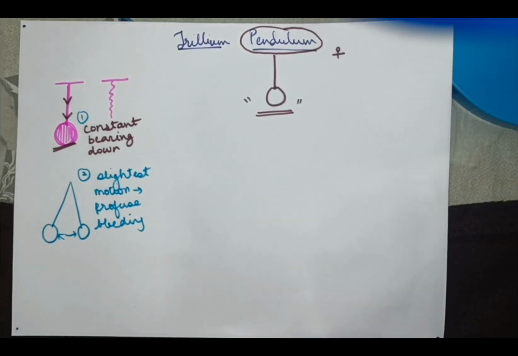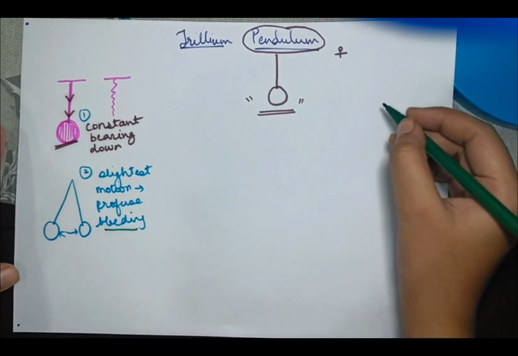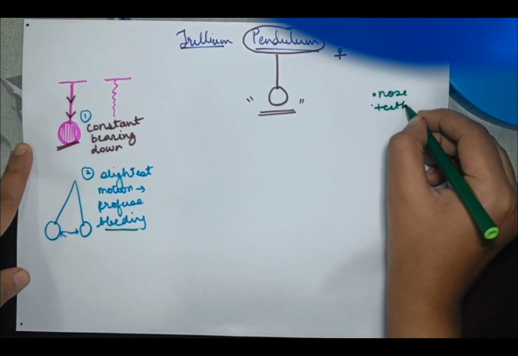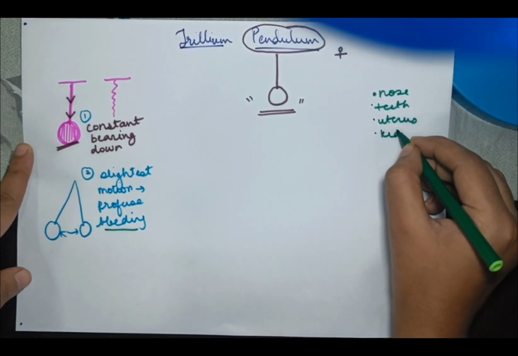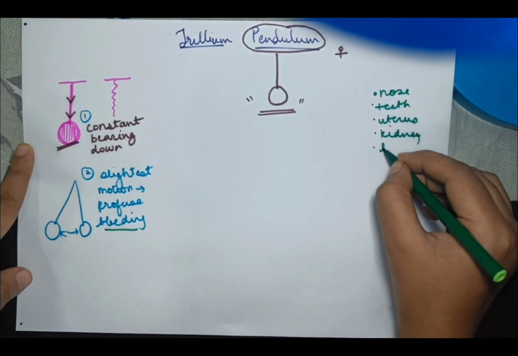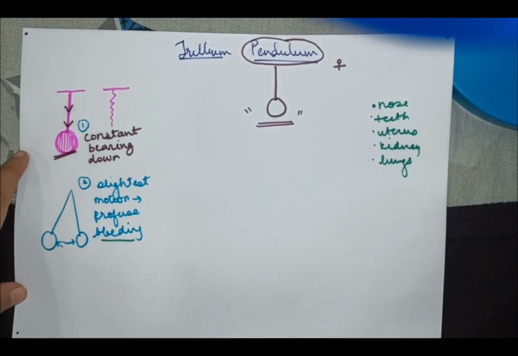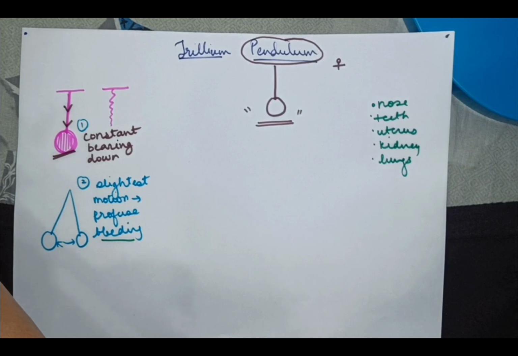Now, since we've come to the part of bleeding, bleeding is at multiple places. We have nose, we have teeth, we have uterus, of course, then we have kidneys and lungs. So these are usually the organs of bleeding when it comes to Trillium. Then we go on ahead with what sort of bleeding, right?